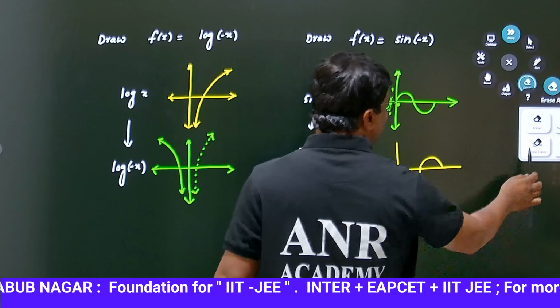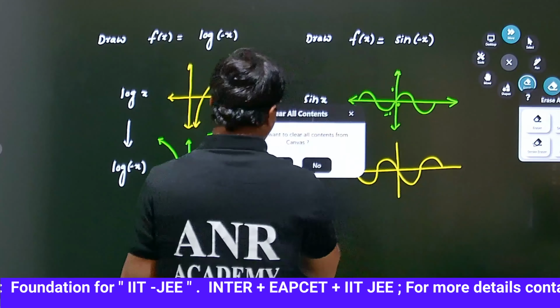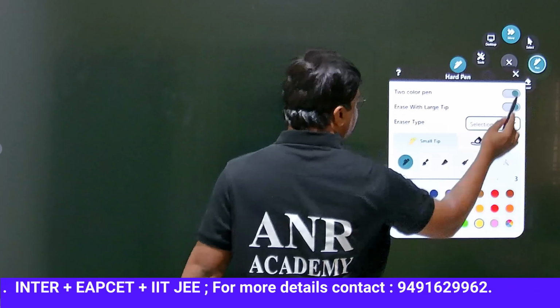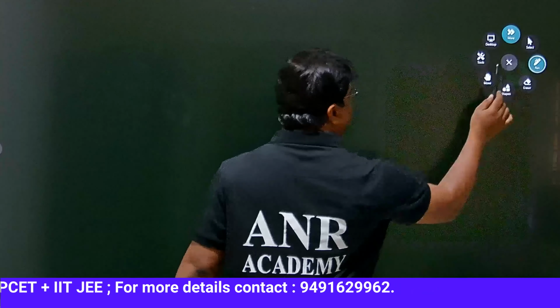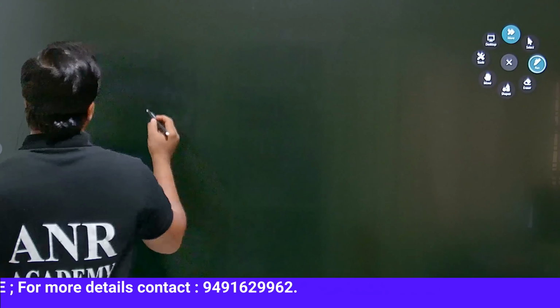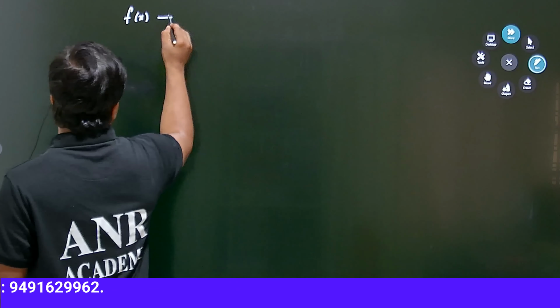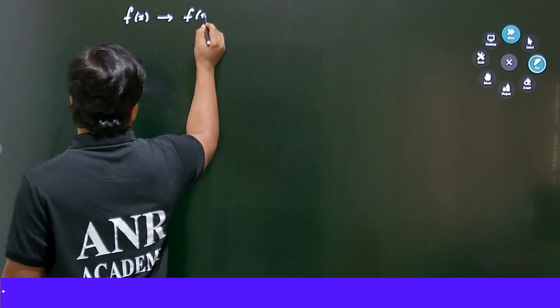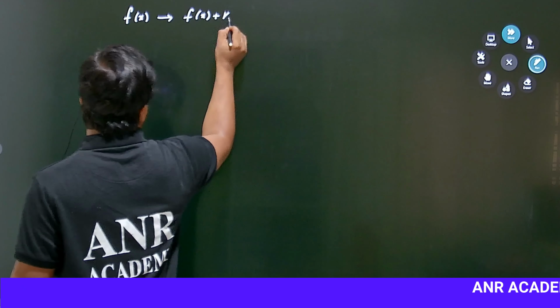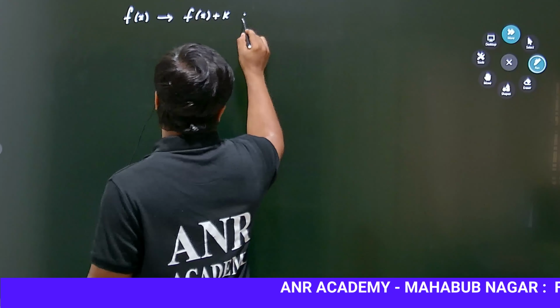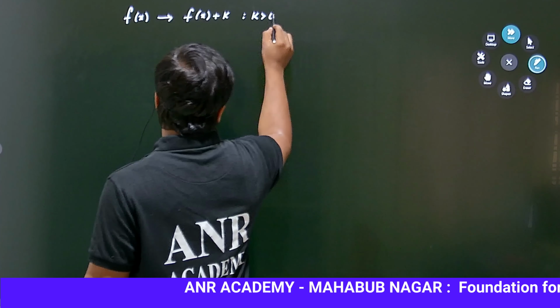Let us move to the third one. Suppose f of x transforms to f of x plus a. Given the function f of x, the transformation is f of x plus some constant, and the constant is more than 0.